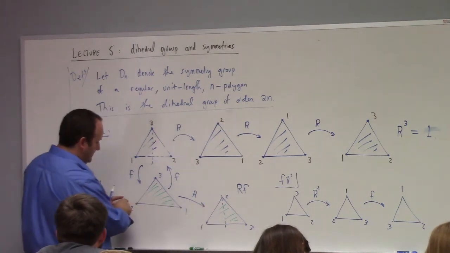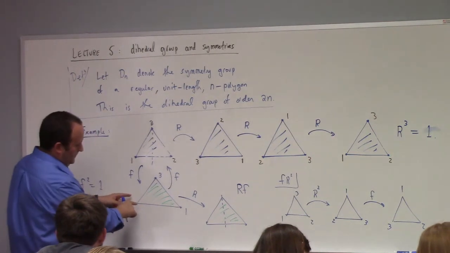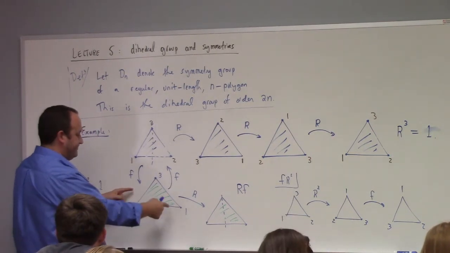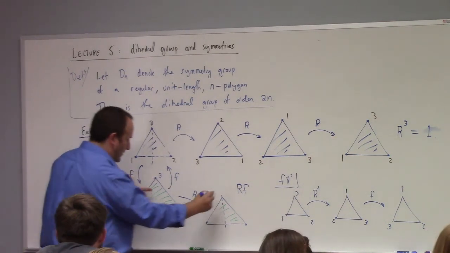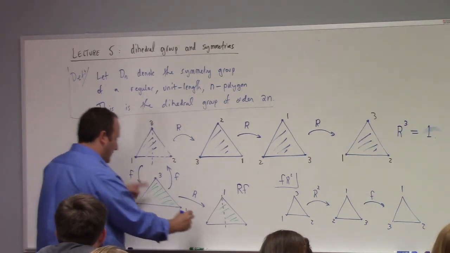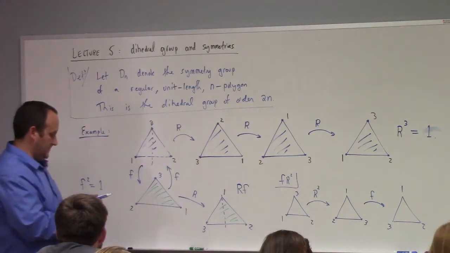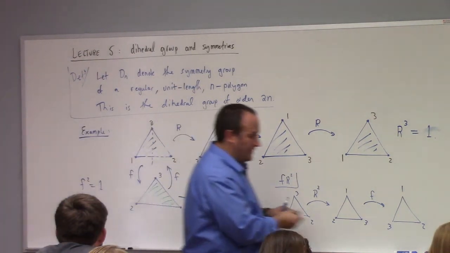So what happens there? The 3 rotated down here, and the 2 rotated over there, right? Again, we're on the green side of the triangle, just like we were here.